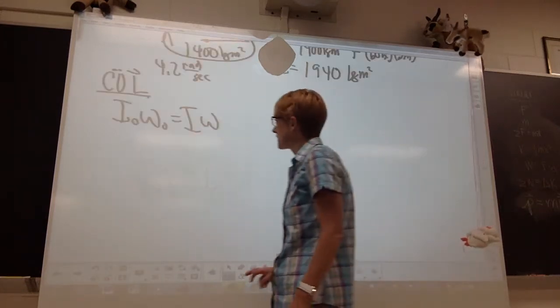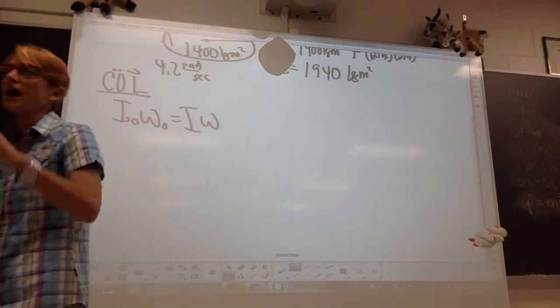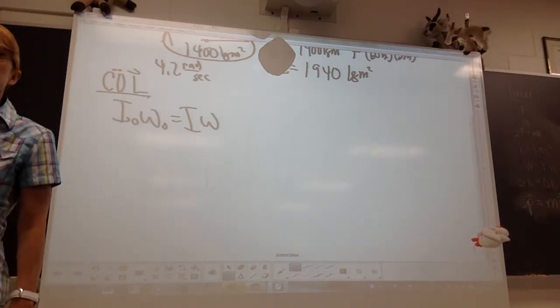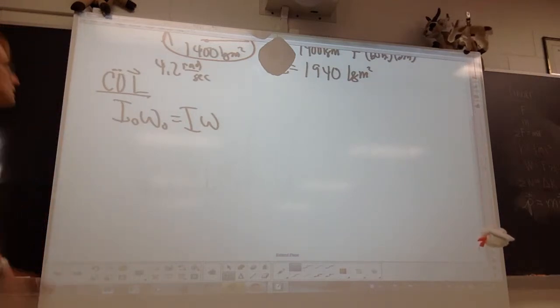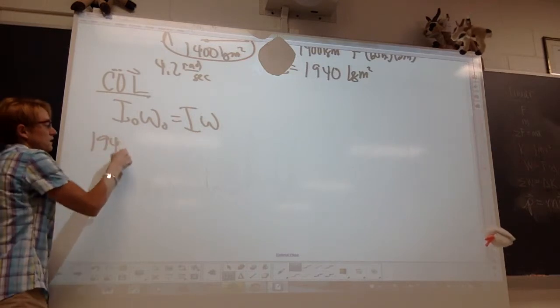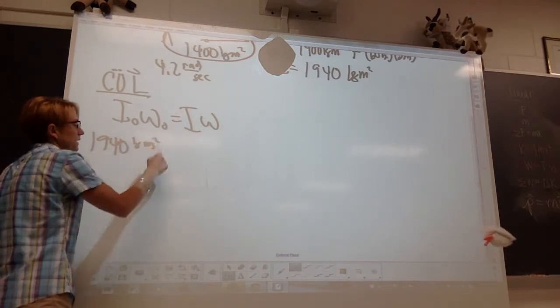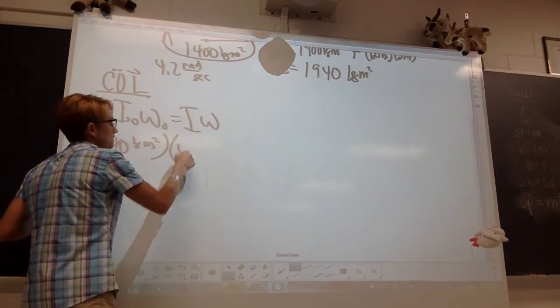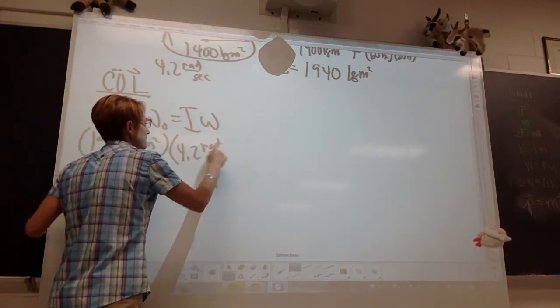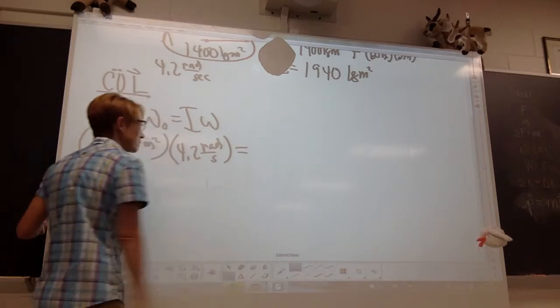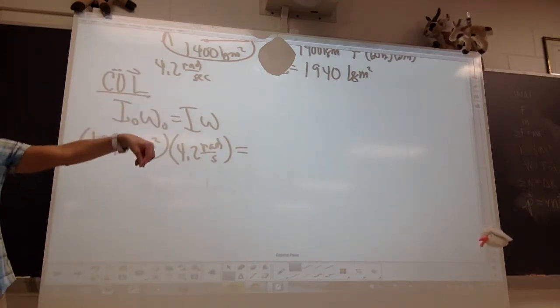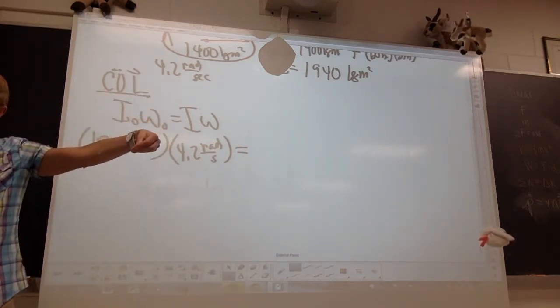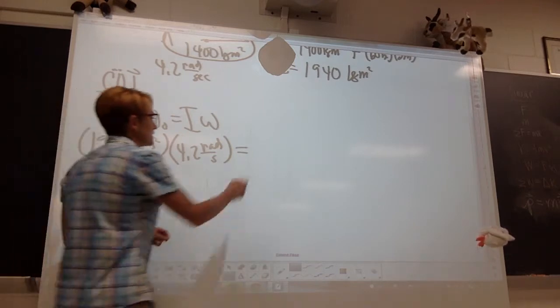So we can go ahead and plug in. What was our original I when we were standing there on the edge? 1940 kilogram meter squared times what was our original omega? 4.2 radians per second is equal to, once we are at the center, what's the I? 1400.